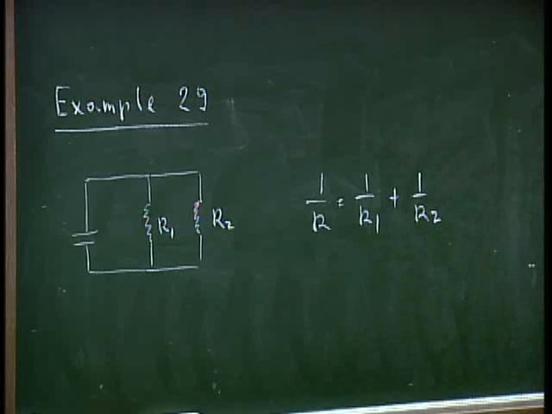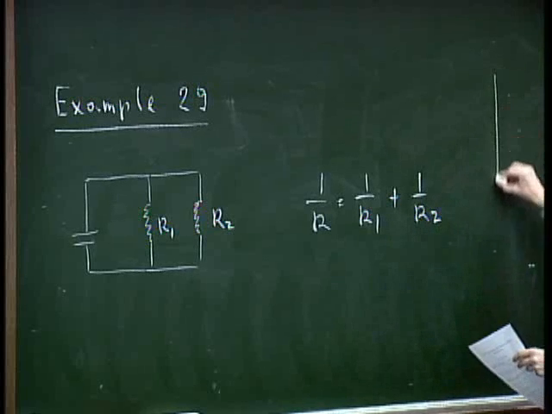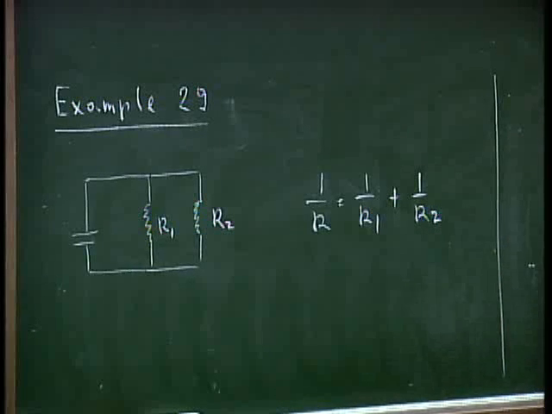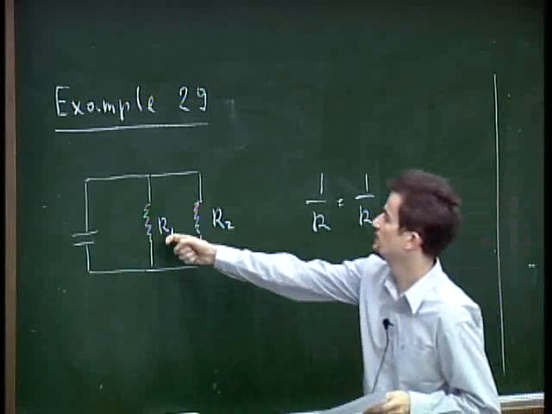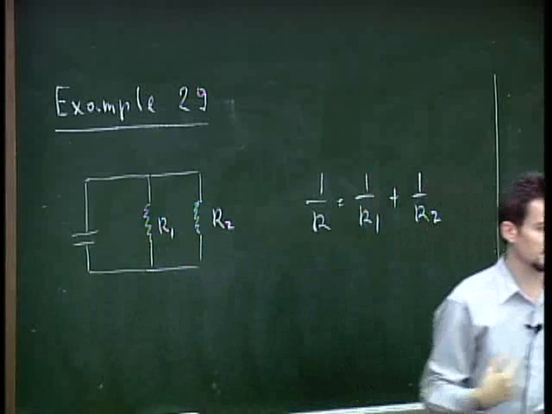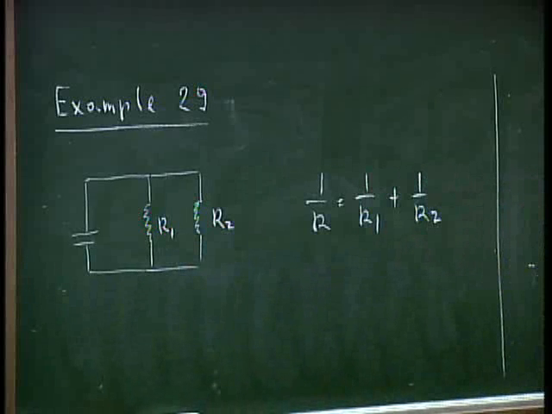Okay, now, if you read this example carefully, what is given is that both of those resistors are changing. The value of them is changing over time. So for the first one, dR1 over dt is equal to 0.3 ohms per second.